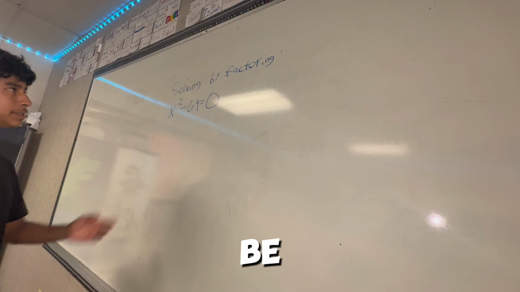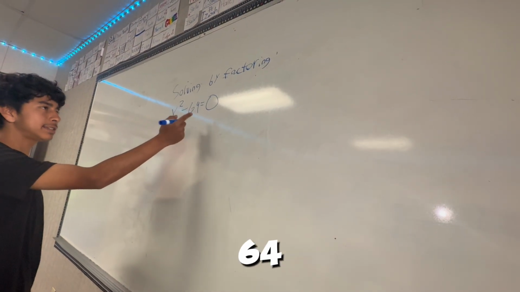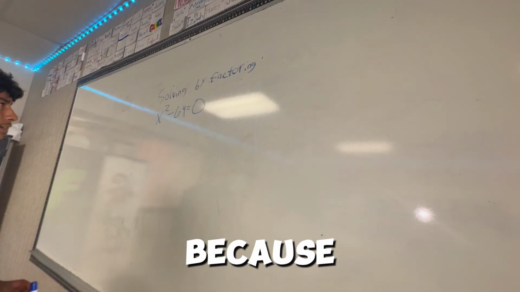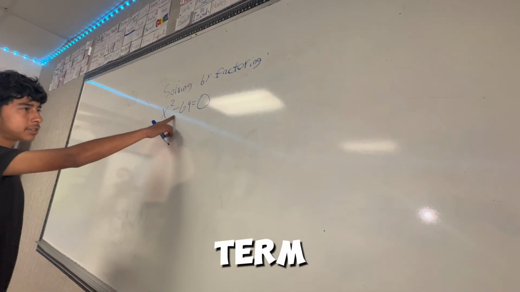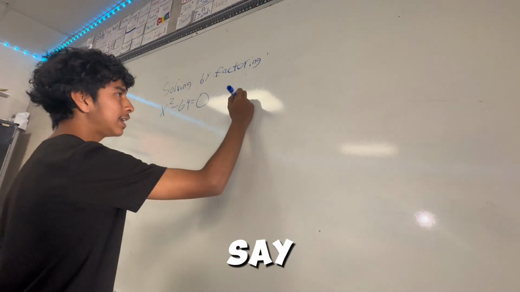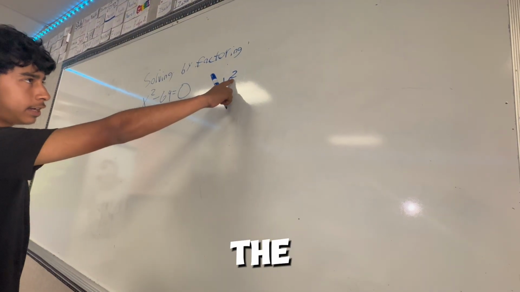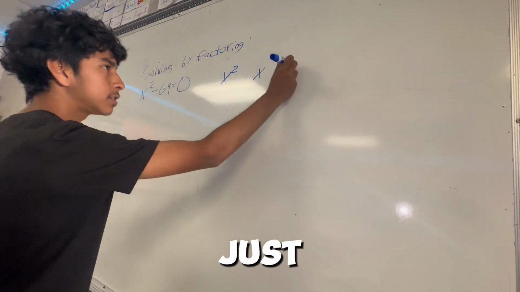We're going to be solving by factoring again, but this time we're going to do this problem right here, x squared minus 64 equals 0. So this equation is special, right? Because this is a perfect square, and there's no b term. So first of all, when we say a, b, and c, a is the term that has the exponent, right? b is the term that just has the x, and then c is just the constant.